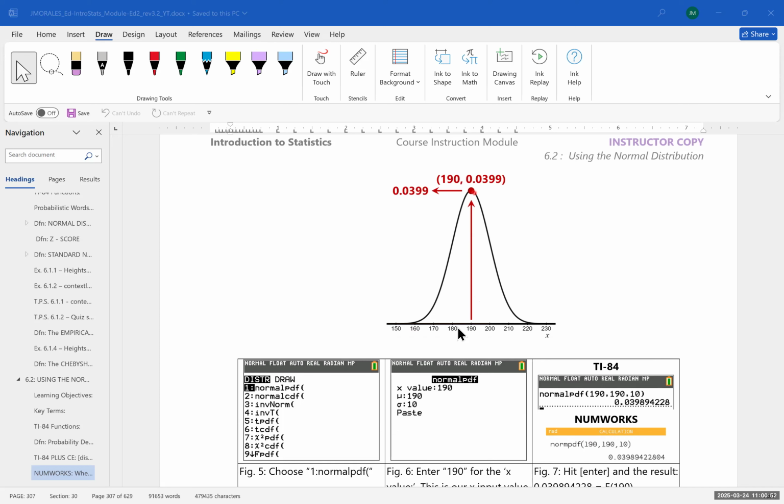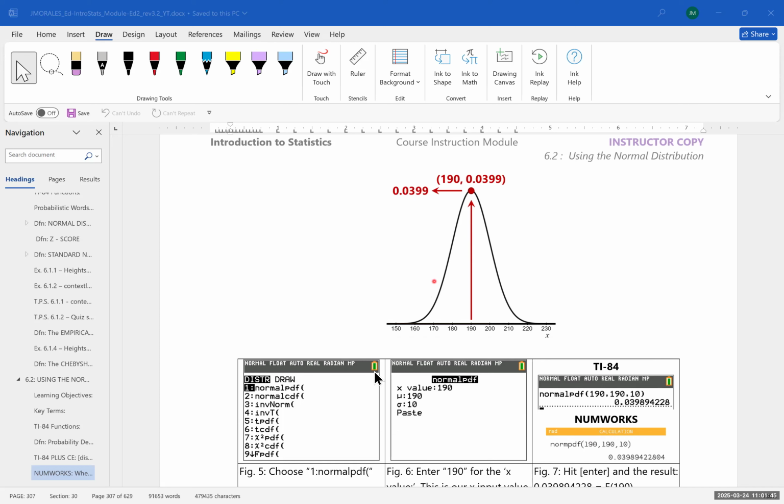So if I were to put in 190 into a PDF function, it'll give me as an output 0.0399, which is the ordered pair for this point right here at the very top of the normal distribution. And that can be calculated using both the Texas Instruments and the NumWorks PDF functions.